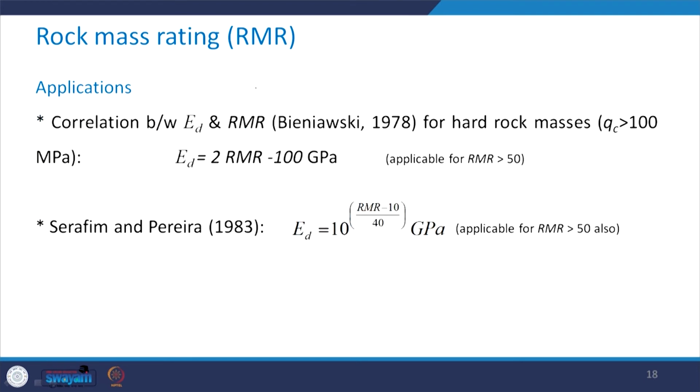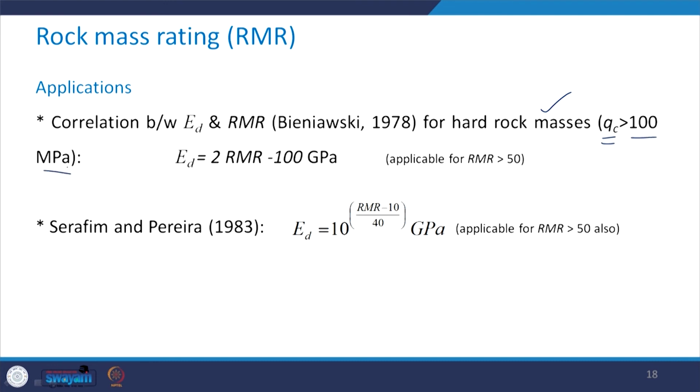Some correlations between the modulus of deformation and RMR are also given. So, one is there for hard rock masses. How should we identify the hard rock mass? That is, its UCS is going to be more than 100 MPa.